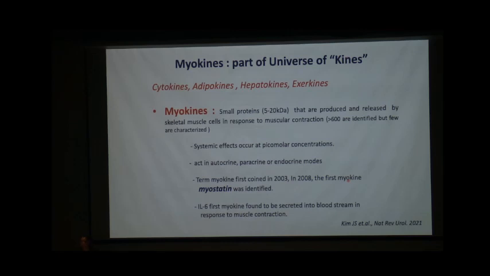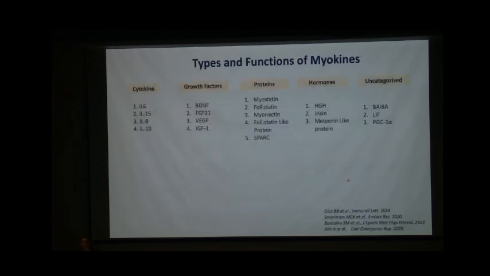The term myokine was first coined in 2003, which is very recent, and in 2008 myostatin was identified. IL-6, which we already know as a cytokine, also comes in the myokine category because muscles release IL-6 immediately after exercise, and it is known as one of the first myokines produced in the bloodstream after exercise.